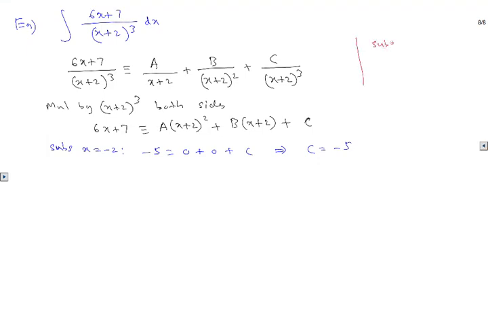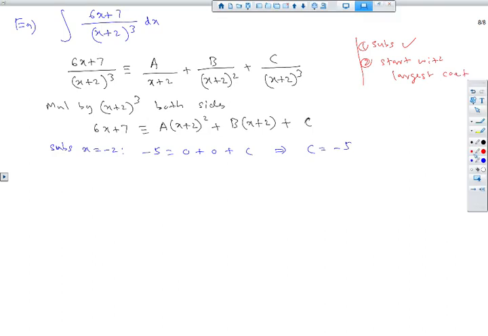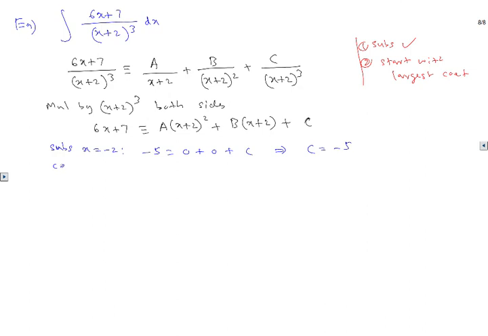We do subs first, and then start with the largest coefficient. So that means in this case, what's the largest term? Actually, we say largest, not the largest coefficient, largest term.